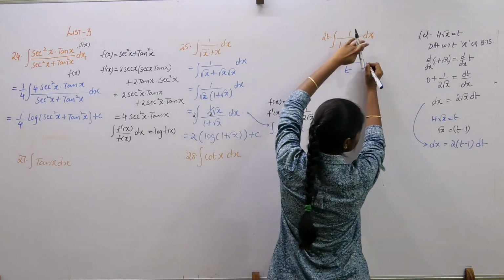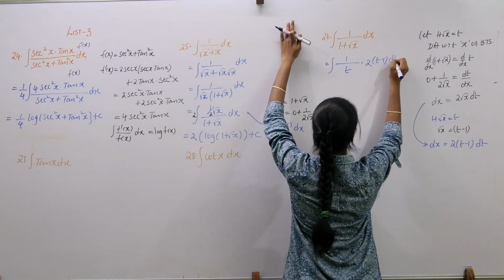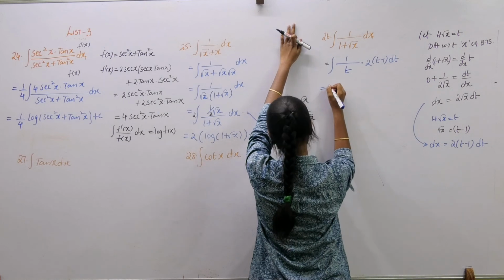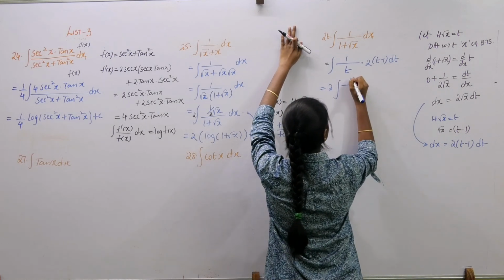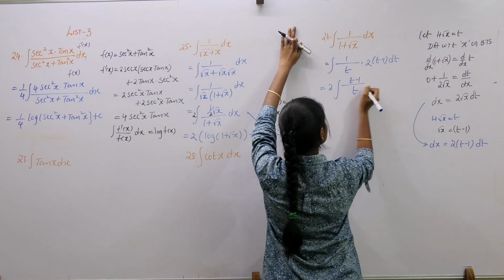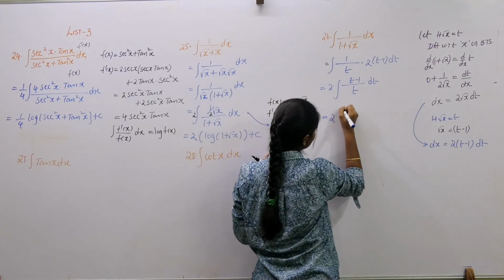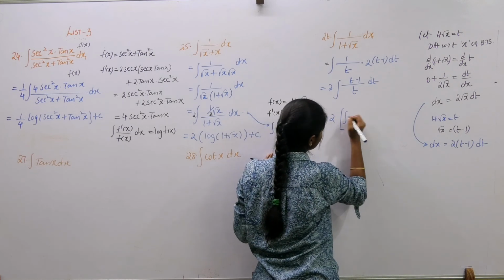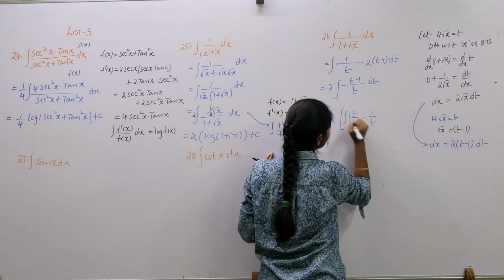Now dx value is 2 into t minus 1 dt. 2 is constant, take it out of integration, 1 by t, t minus 1 dt is equal to 2 into, now integral t minus 1 by t.